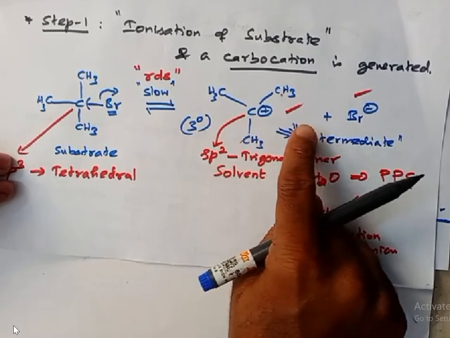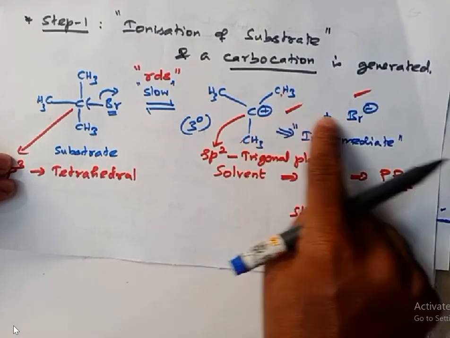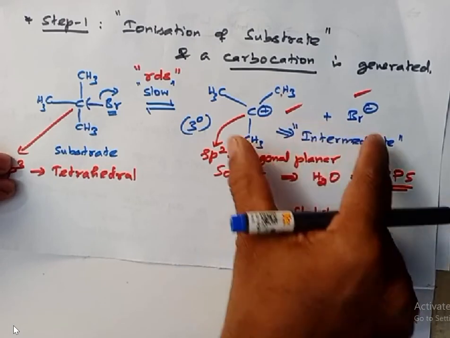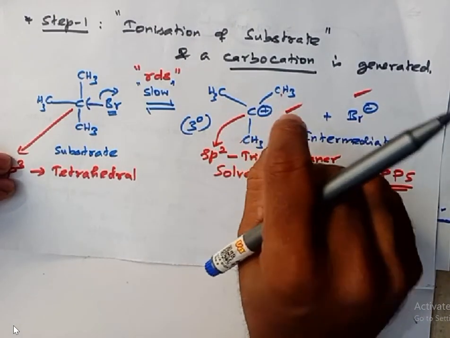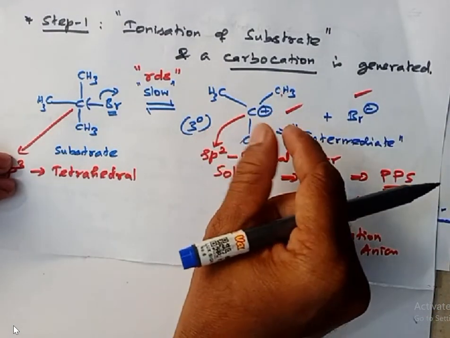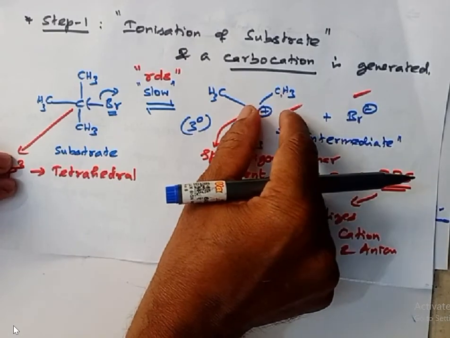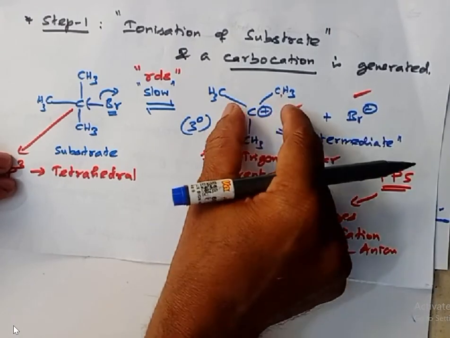In the first step, you will get a carbocation and an anion. These ions have opposite charges, correct? So they are attracted. The bromide ion sometimes may not come out quickly due to electrostatic attraction. The anion is tightly attracted by the cation.